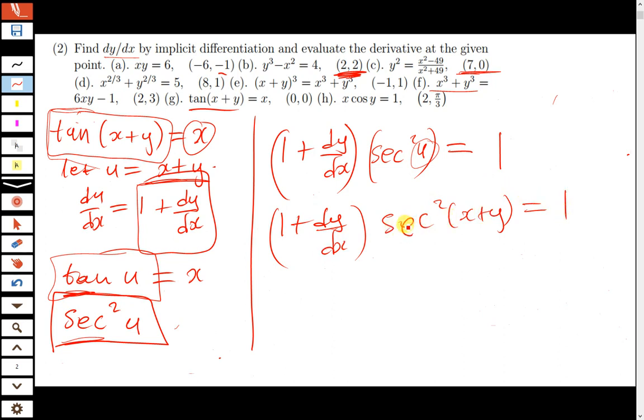So here it's just a matter of making dy dx the subject. Let me just do it quickly, or I'll not follow steps because there's no space here. So I'll just say dy dx sec squared x plus y is equal to 1. When you multiply sec and 1 there, and then you take it to the other side of the equal sign, you're going to get minus sec squared x plus y.